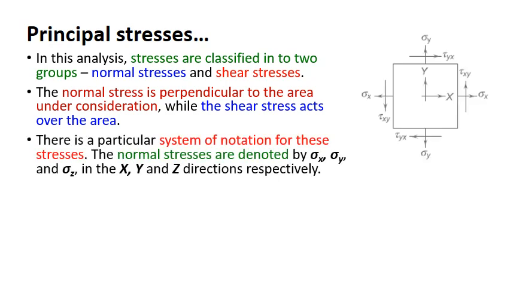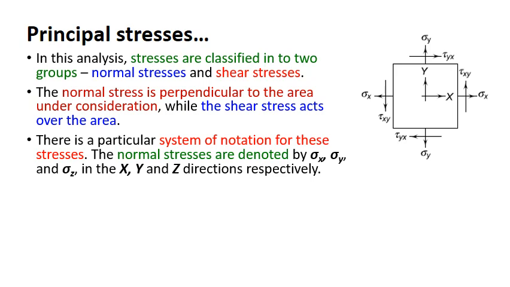So coming to the notations, please look at the figure. Sigma is reserved for normal stress and tau is reserved for shear stress. When we write sigma suffix x, it means that the normal stress is acting along the x direction. Similarly, sigma y, normal stress along the y direction. Then what are tau yx and tau xy?